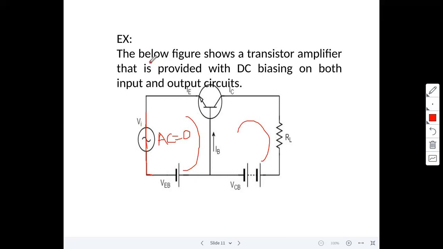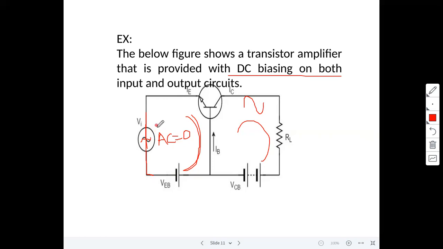Okay. The below figure shows the transistor amplifier that is provided with DC biasing on both the input as well as the output side. So now after applying the bias, you may apply some AC input signal, then it will be an amplified version at the output side. Okay, that is the idea.